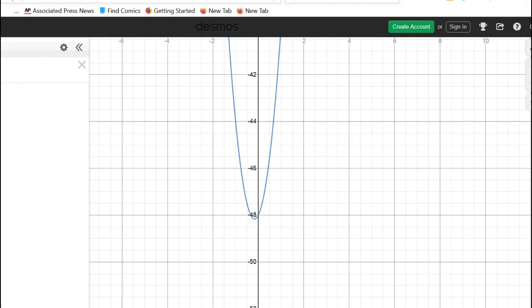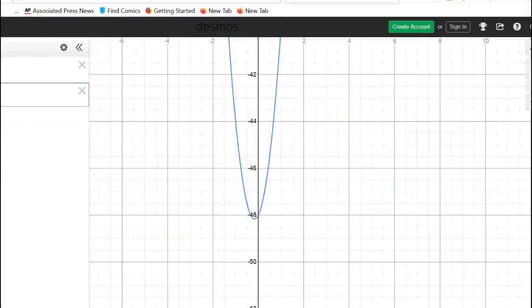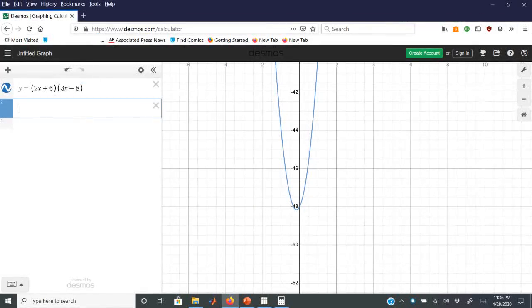In Desmos, you can click on a second equation. And now I'm going to say y equals 6x squared.